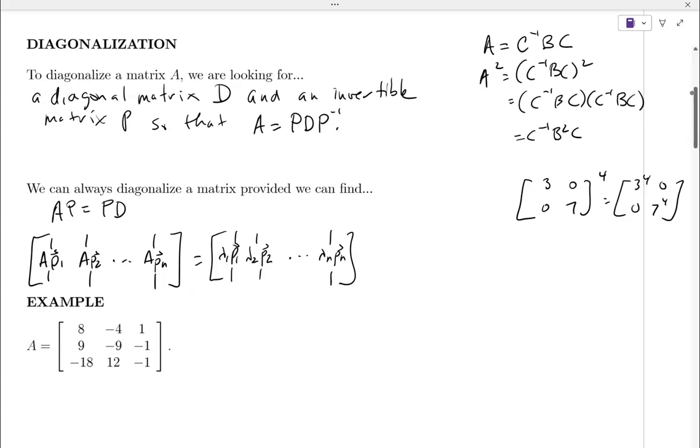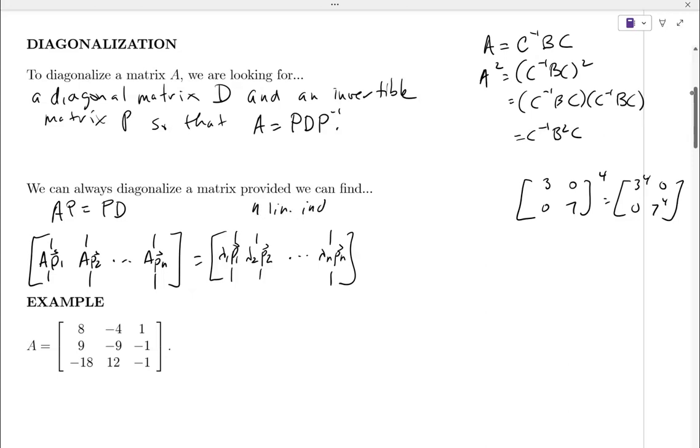Now, I want that matrix to be invertible. So the big thing is that you have to have n linearly independent eigenvectors to be able to invert it, right? Remember that columns have to be linearly independent to be invertible. So in order to diagonalize, we need to find n linearly independent eigenvectors.